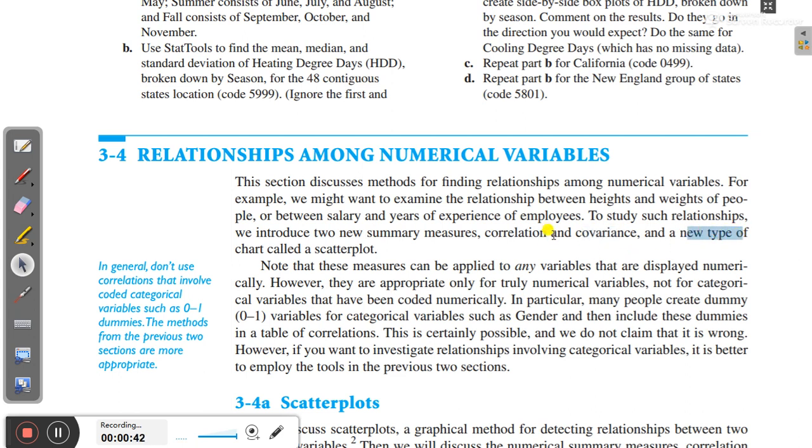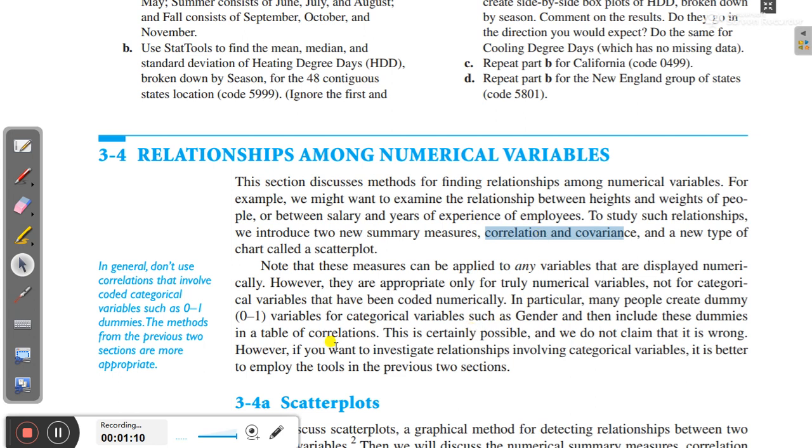It is not mandatory that you need to use correlation or covariance only on numerical variables. You can apply them on categorical variables also, because people use numerical data in the case of categorical variables too. So the point is that you can use that type of measurement to find the relationship among categorical variables.